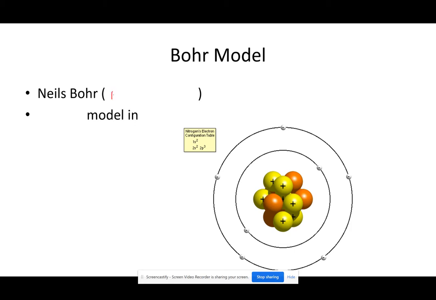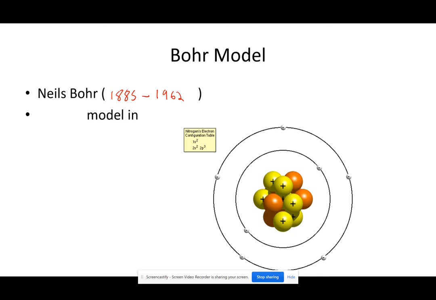Now, Niels Bohr lived from 1885. That's, I think, very close to the middle or the end of the American Civil War. He died in 1962, after the drop of the atomic bomb and well after the conclusion of World War II.